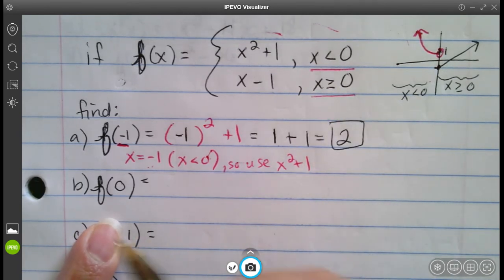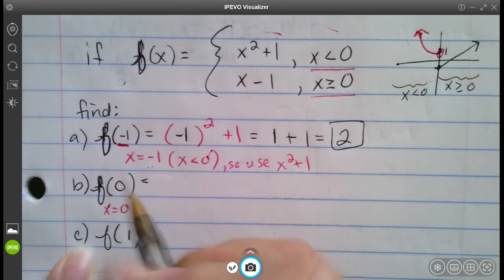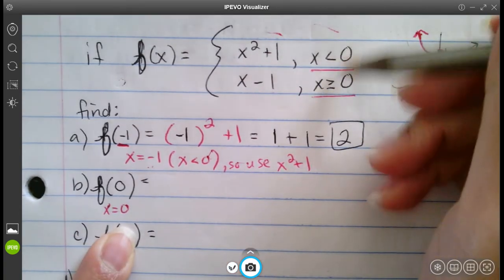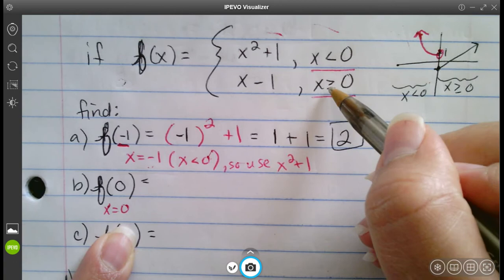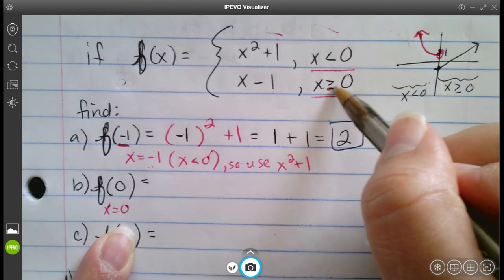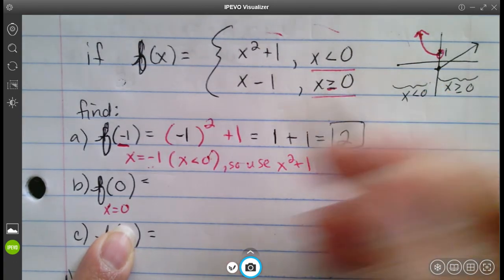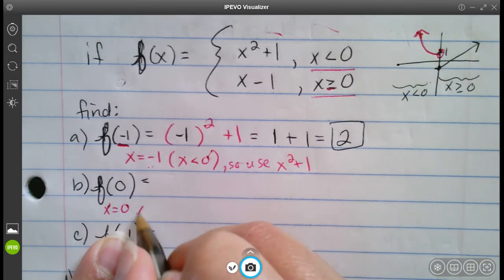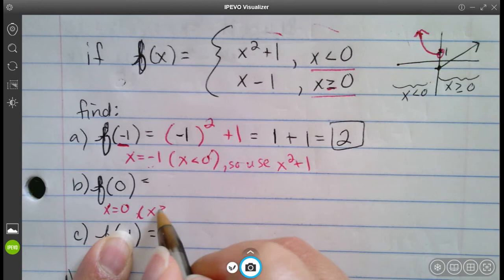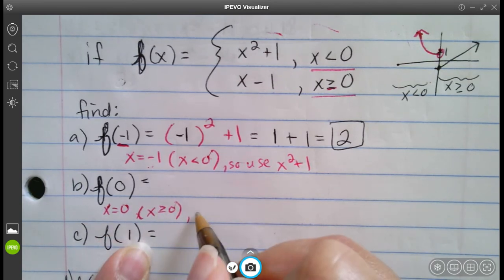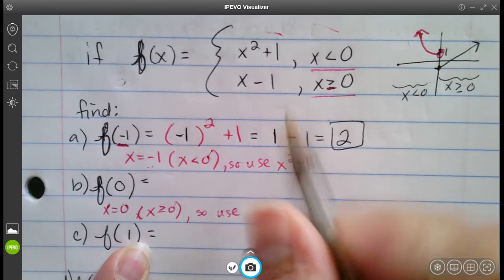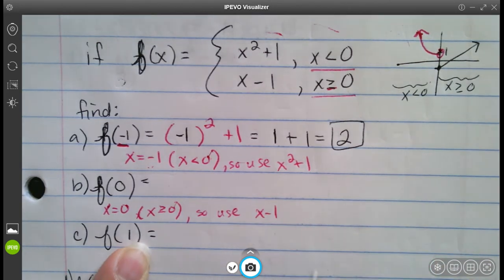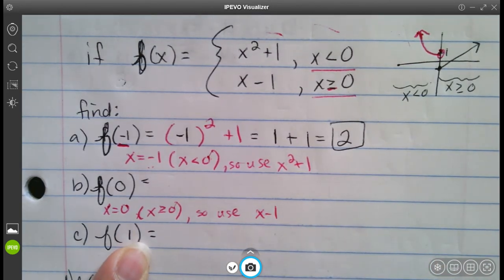Because again, in this case, x is equal to 0, and the only one from these two that has an equal sign, sort of, is the second one, because it has that little line right here, okay? So we're going to use, let me put this in parentheses. So x, we're going to use this one, x is greater than or equal to 0. So use the second one, x minus 1, okay?